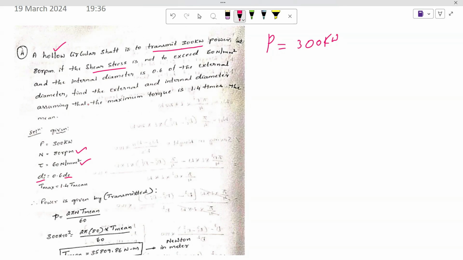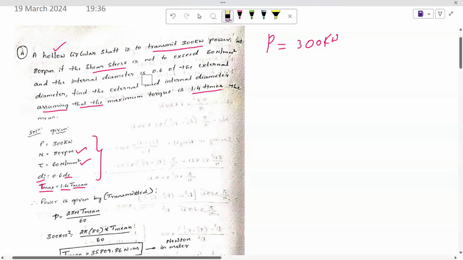At the end they have given, assuming that maximum torque is 1.4 times the mean torque. Torque is represented by capital T. So these are the data they have given to find external as well as internal diameter. Okay, let's solve this problem.